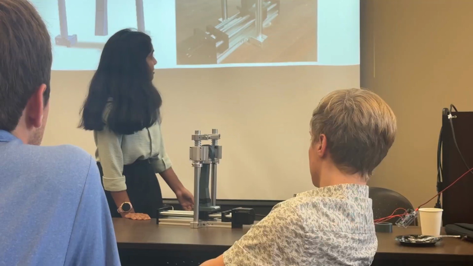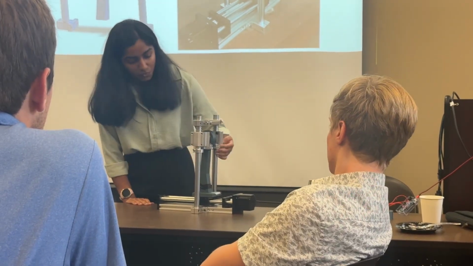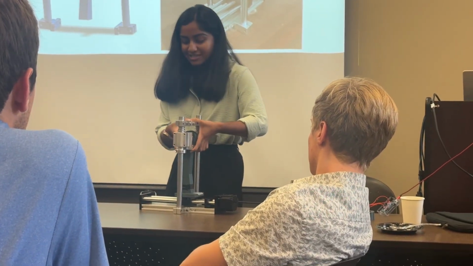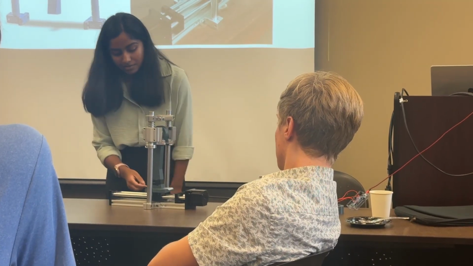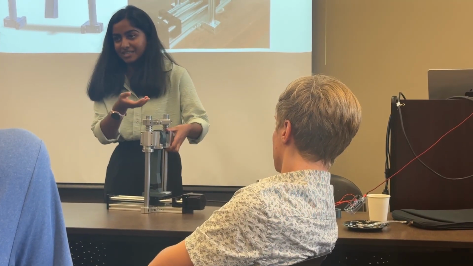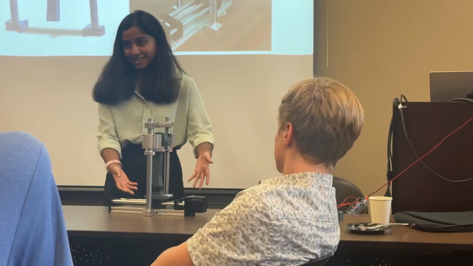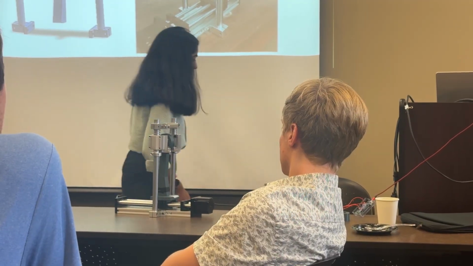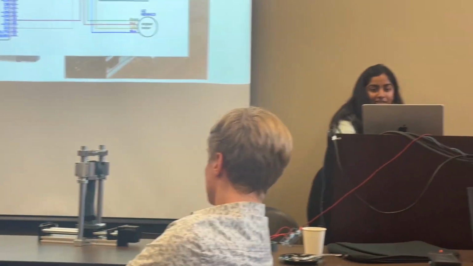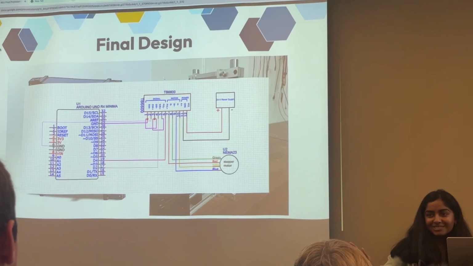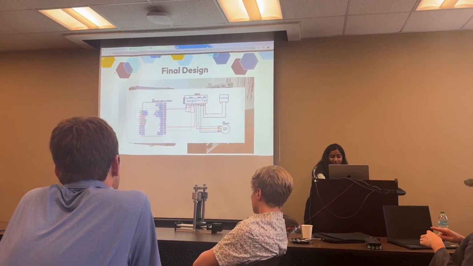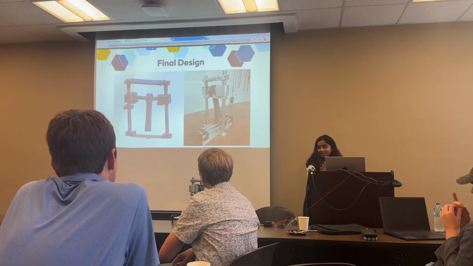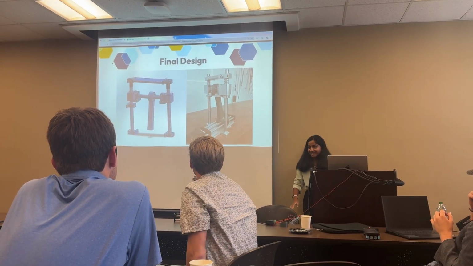And then when you want to load it in, you can just lift it up and either move this out of the way, or you can lock it in that higher up position and then load in your sample, and then you're ready to go. And then we also hooked it up to an Arduino so that we have some nice control over the actual motion of our motor.